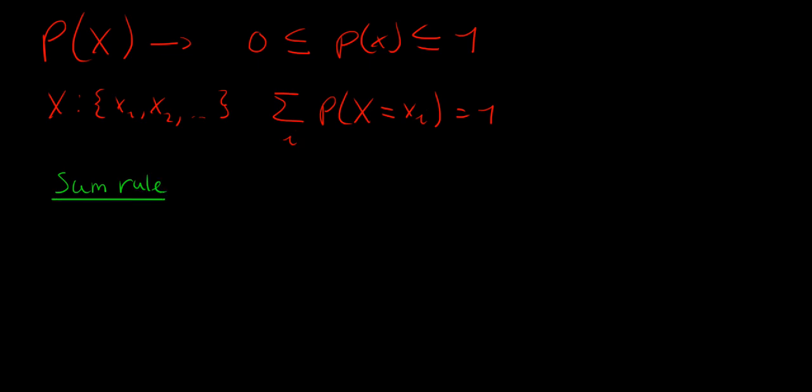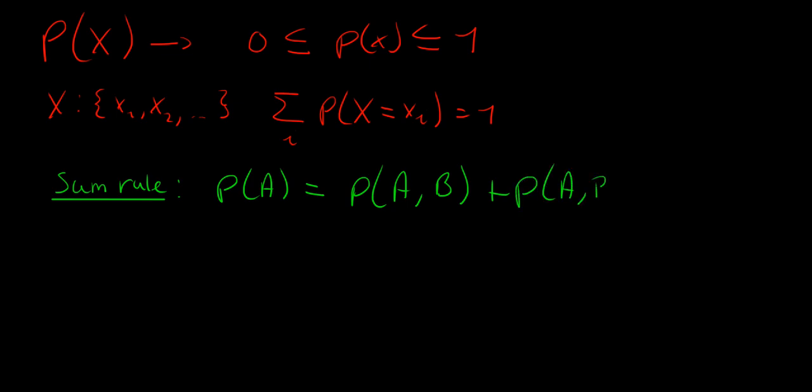The first one is the sum rule. And the sum rule states that if we have a probability of an outcome A, that's the same thing as the joint probability, joint meaning that we have two events or two outcomes, of A and another event B plus the same event and not B. A bar above an event or an outcome means it is the opposite.